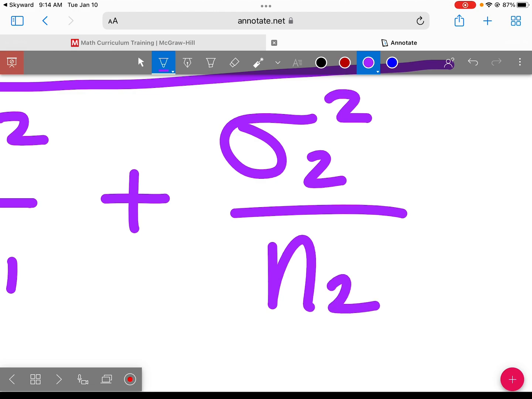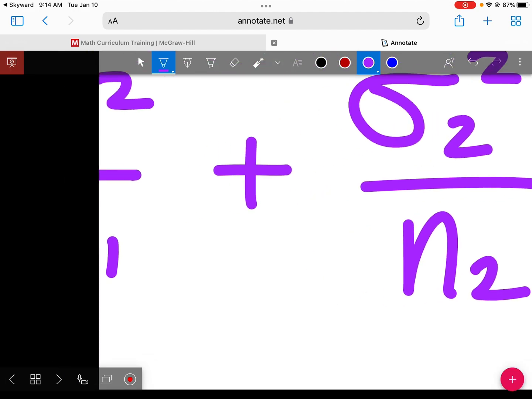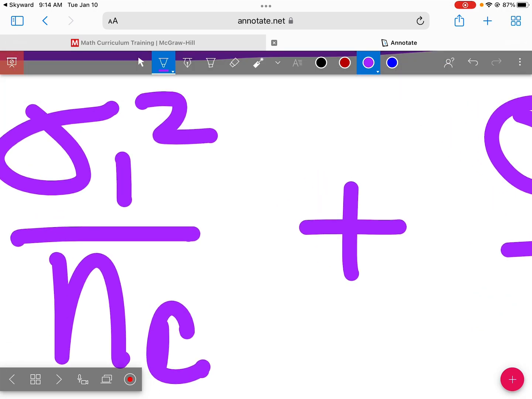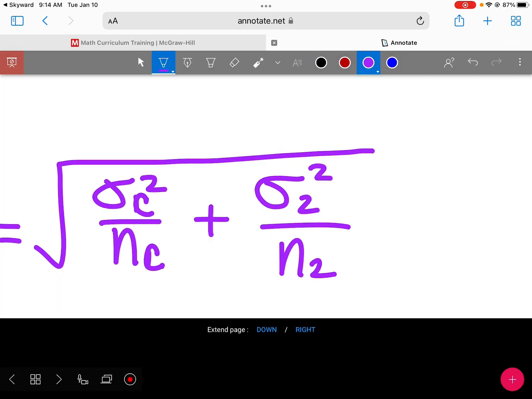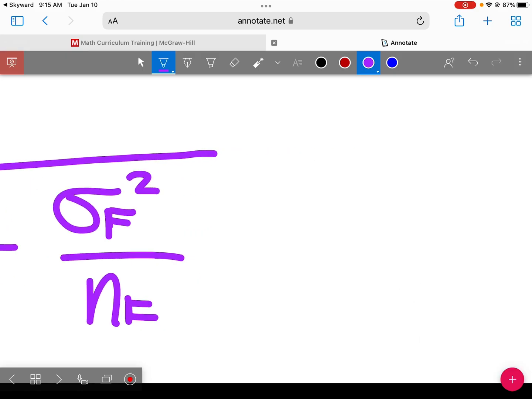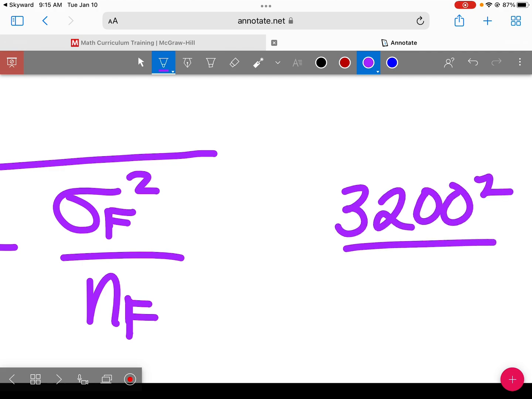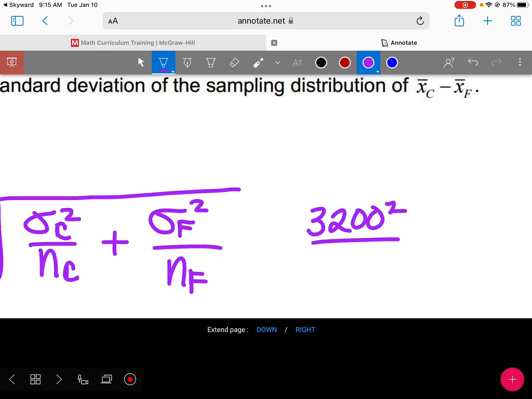What is sigma 1 here? In this case, that would be California, right? What is our standard deviation for California? 3,200. So I would have 3,200 squared over n1, 16, plus, and I need this all underneath a big square root sign here.